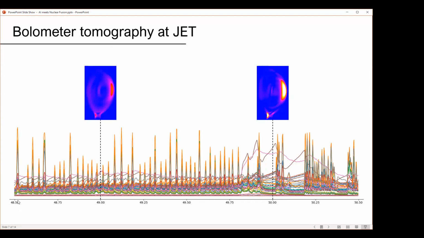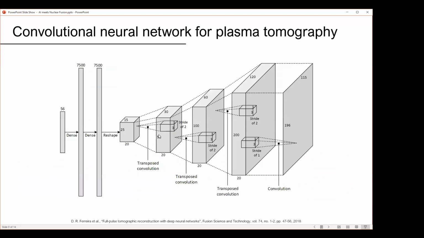And this plot here shows just 2 seconds of data. Ideally, we should be able to reconstruct the plasma radiation profile, well, in real time as things are happening, right? And as fast as possible, so that we can keep track of how the experiment is evolving. Now, this is the first challenge that we addressed.